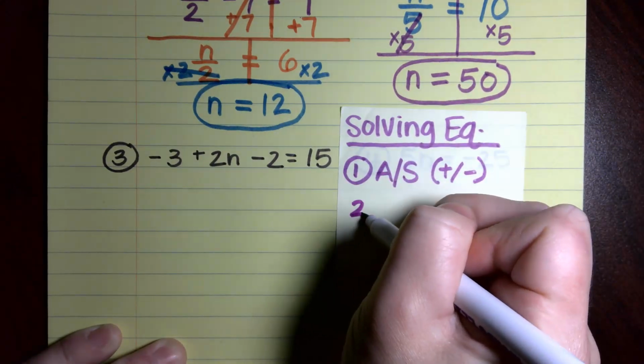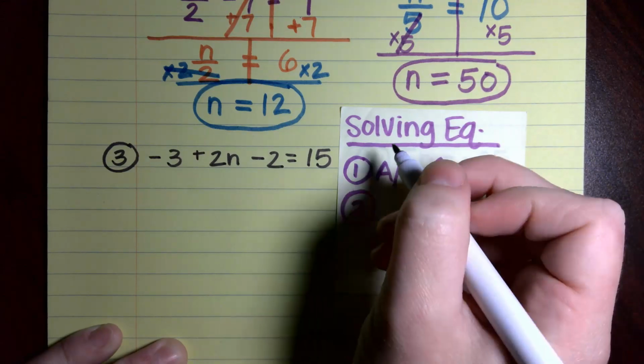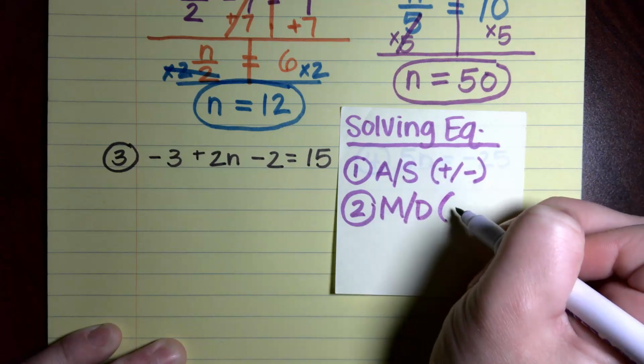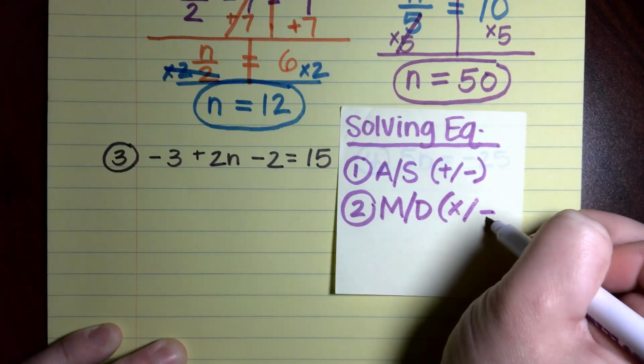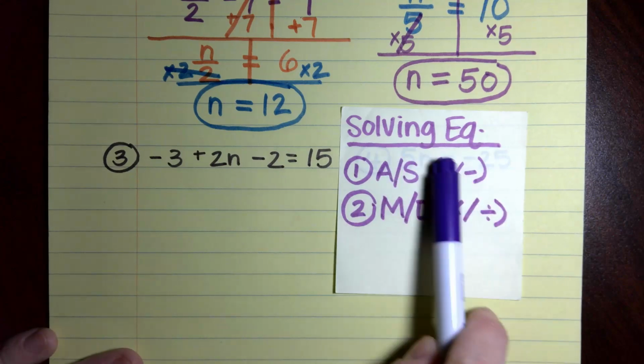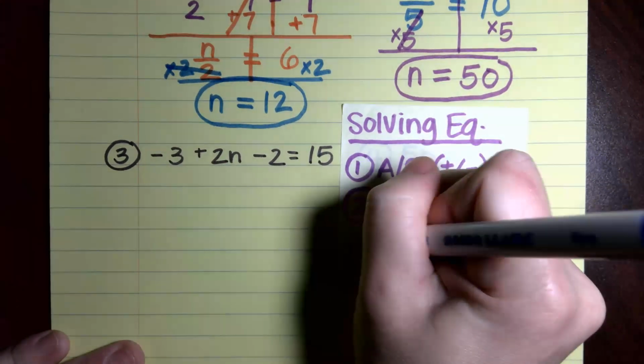And then step 2 is once all addition and subtraction is gone and taken care of, we take care of multiplication and division. And in order to get rid of these items, we use inverse operations.